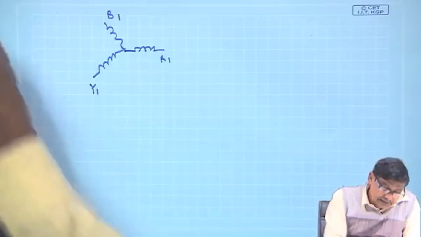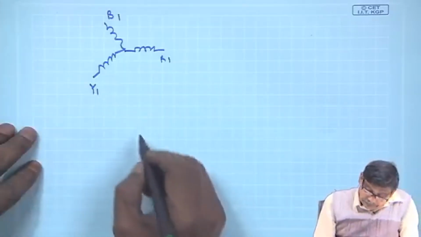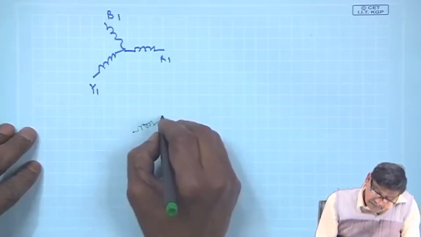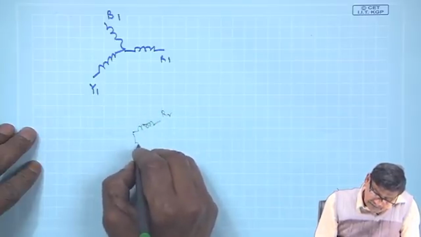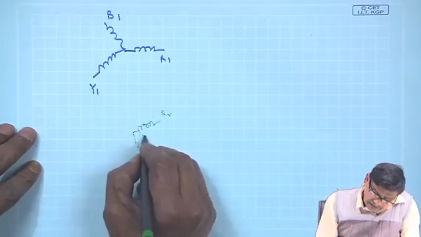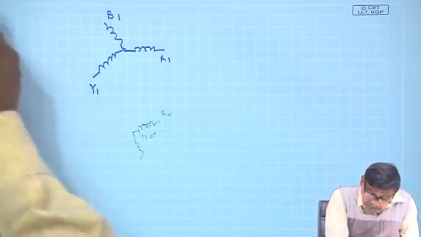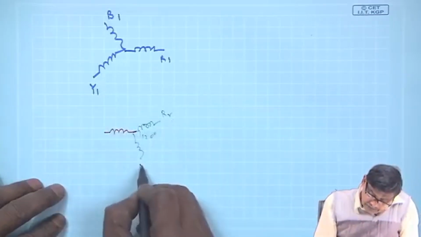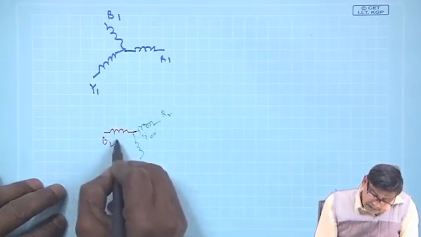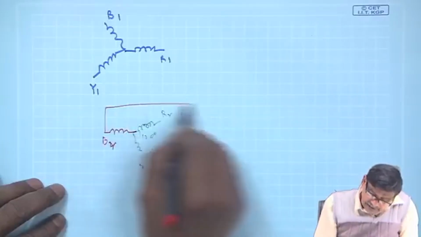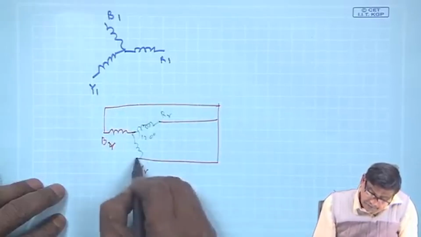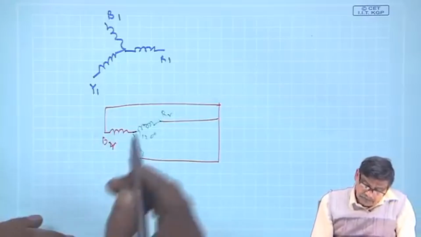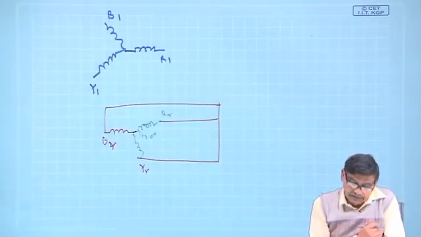And there are rotor terminals, which are RR, YR, and BR, 120 degrees apart, please bear with me. I have kept these short circuited, and rotor current is flowing, and it is moving in this direction.